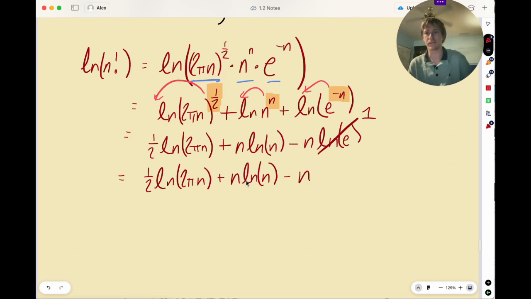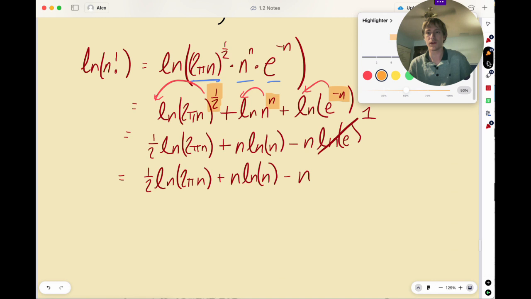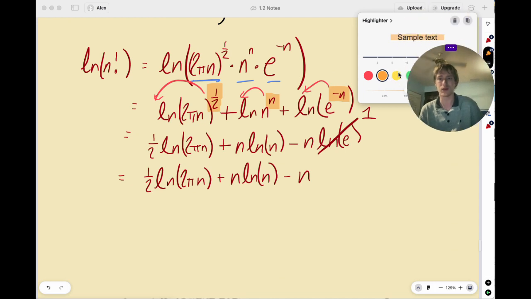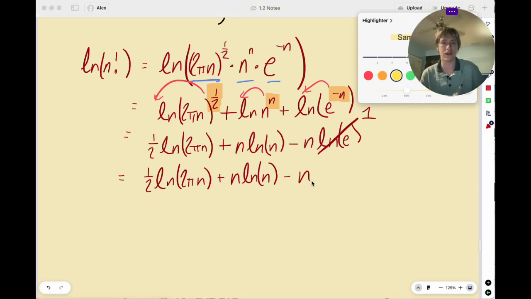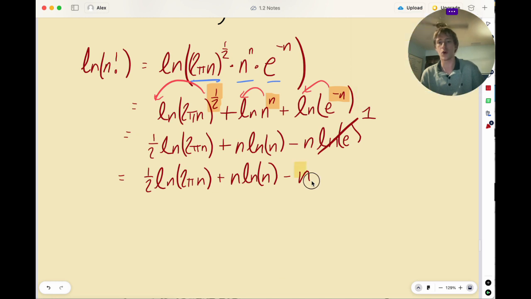Now here's the thing. This expression right here, if I can highlight, which for some reason I can't highlight. There we go. This expression is on the order of n to the first power. It's a linear polynomial expression times the natural log of n, which is monotonically increasing.